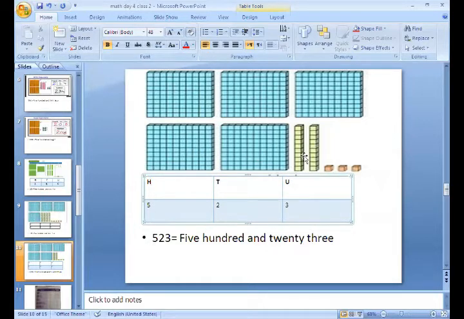Then you will count how many blocks of tens there are. These rods show blocks of tens. So 1, 2. There are 2 blocks of tens. So you will write 2 at the tens place. Then you will count how many blocks of units there are: 1, 2, 3. These small blocks show the number of units. So you will write 3 at the unit place. So 5 hundreds, 2 tens and 3 units make the number 523. Then you will write this number in words as 523.